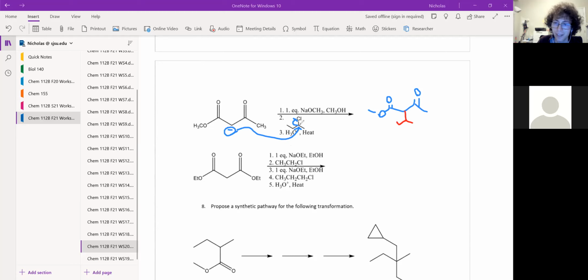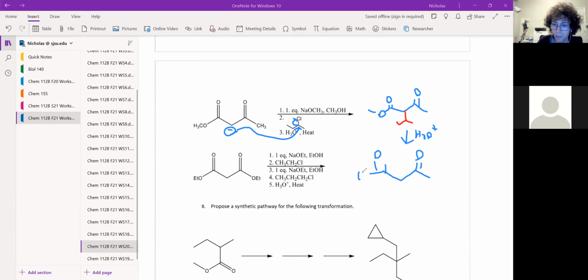The acid, again, is going to do hydrolysis, but this time it's only going to affect the ester. It's not going to touch the ketone because you don't do hydrolysis with ketones. So the ketone is left as is.